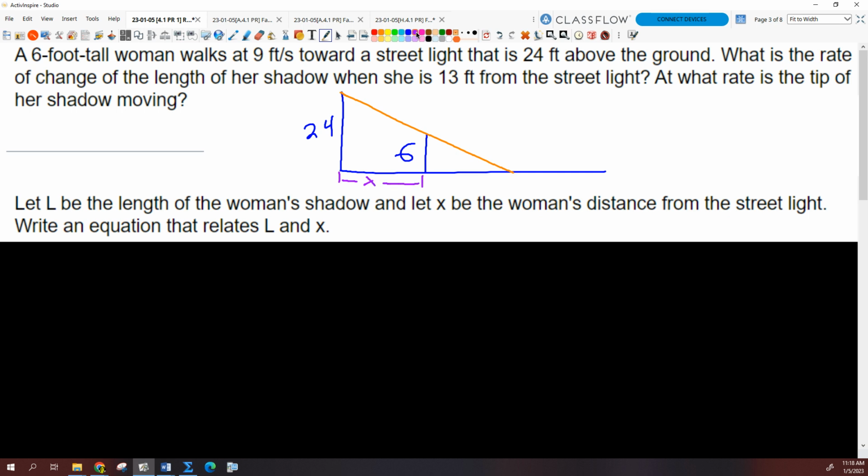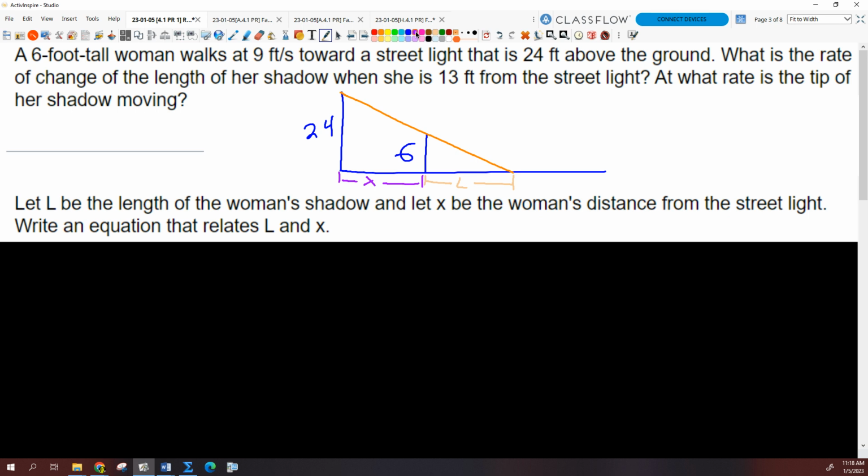And this is L, right? Make sense? Okay. And what do we know on this one? What's the stuff that's given to us? Okay, so what is that? Everybody agree?